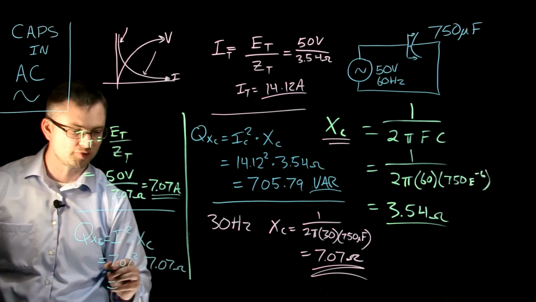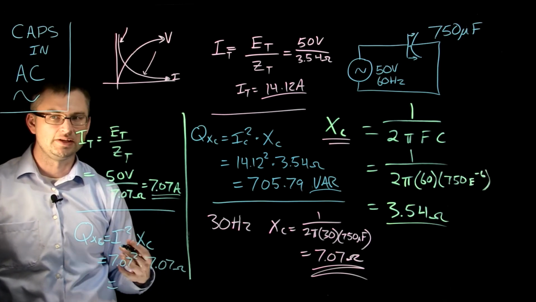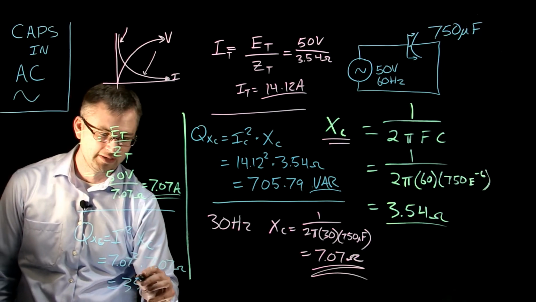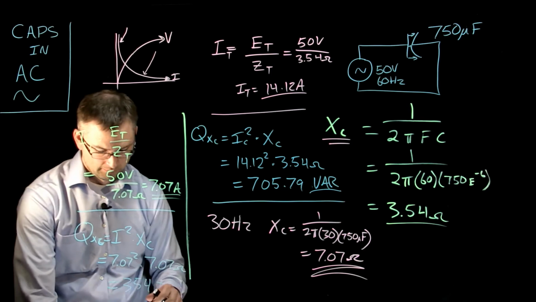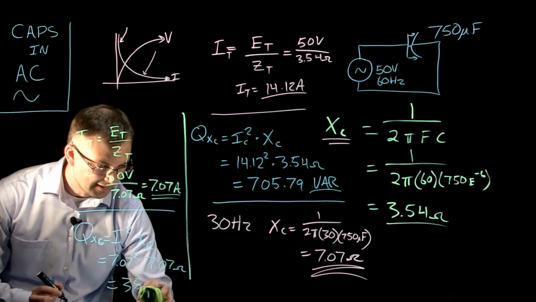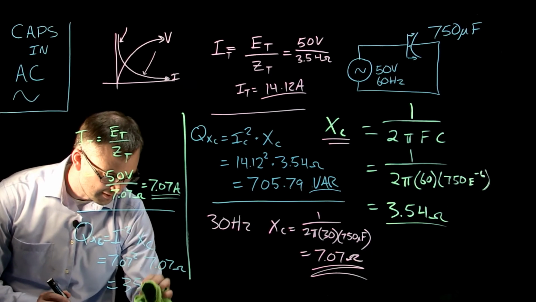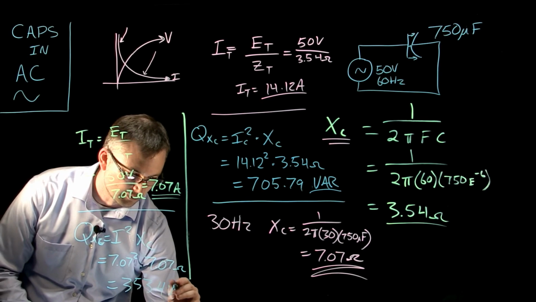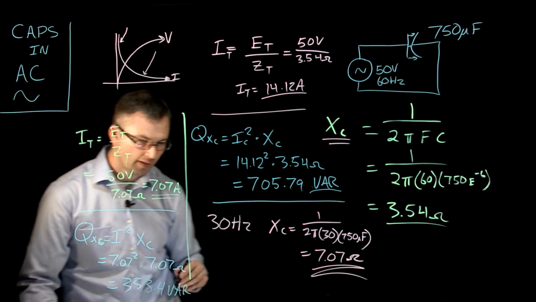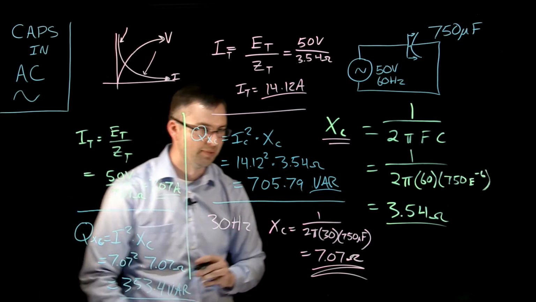Funny the way the numbers worked out there. And we get a new quadrature power of 354 points. Sorry, actually mixed my numbers up on you here. It's 353.4 VARs. There we go. And that's our new quadrature power.